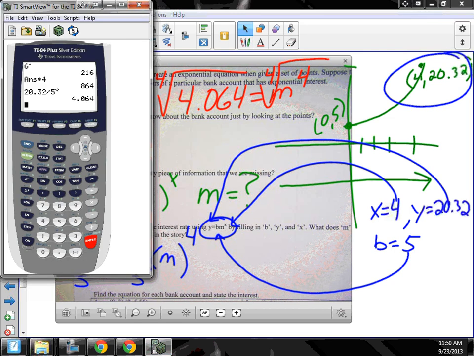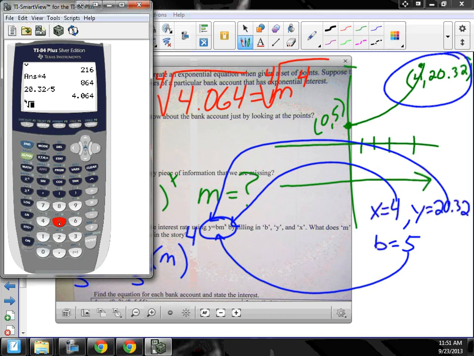So in my calculator, my 4th root is found inside the math button, but you have to push the 4 first. So 4, math, go down to number 5 that says x root. So the 4th root of, and I don't actually want to type in 4.064. So down here by the negative key is a little button that says ANS for answer.